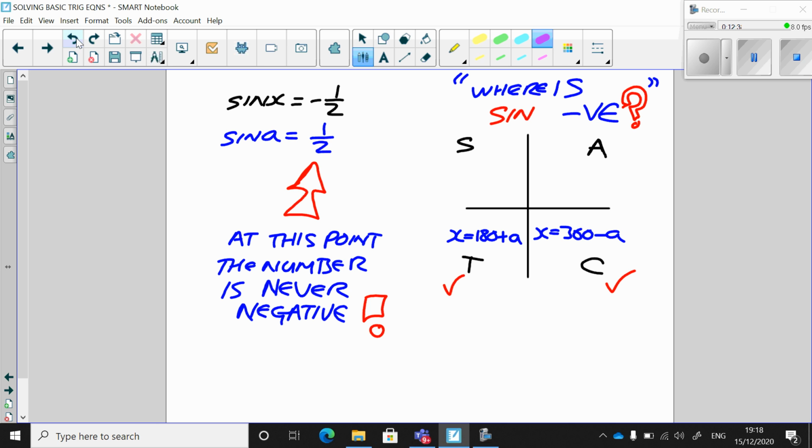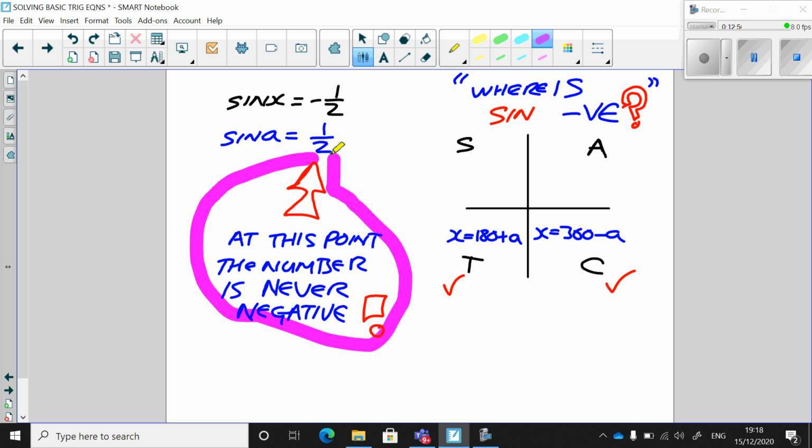Here, what we're trying to say is, oh, big statement here. At this point, the number is never negative. I could have made that a wee bit tighter. It's never negative. The negative does its job here for identifying the quadrants. Once it's done its job, get rid of it. Okay? Just get rid of it completely.